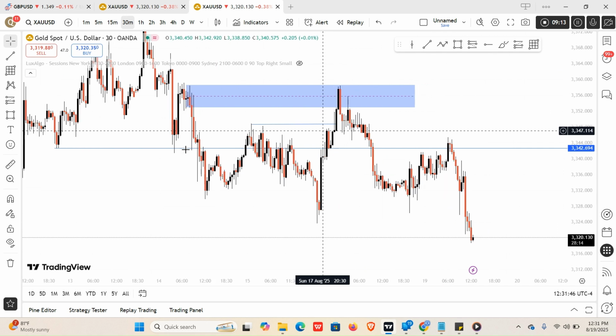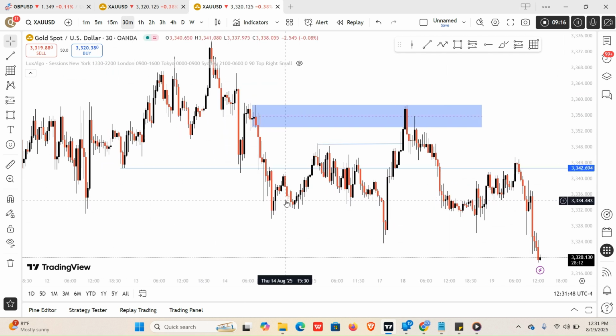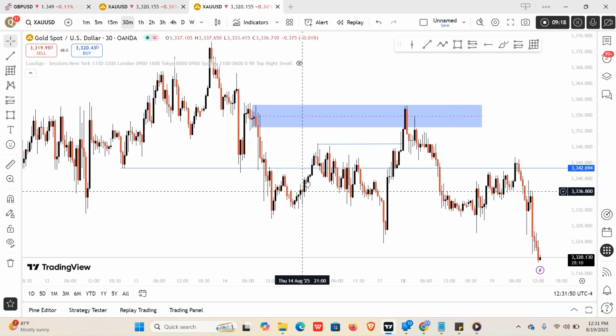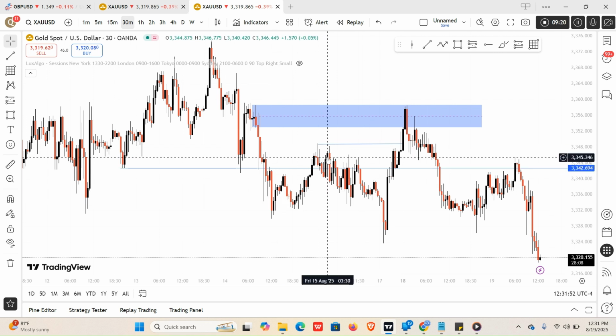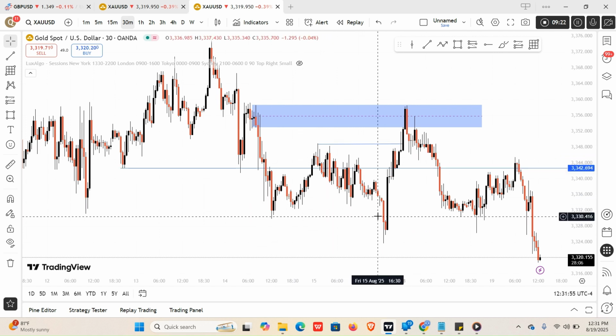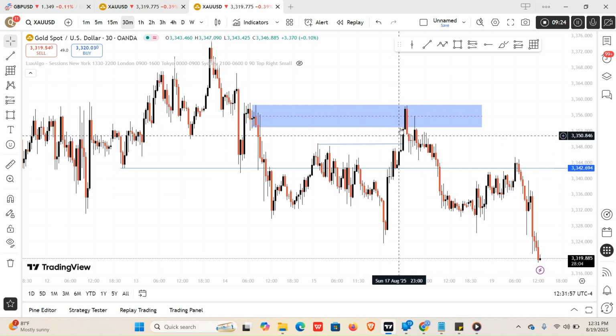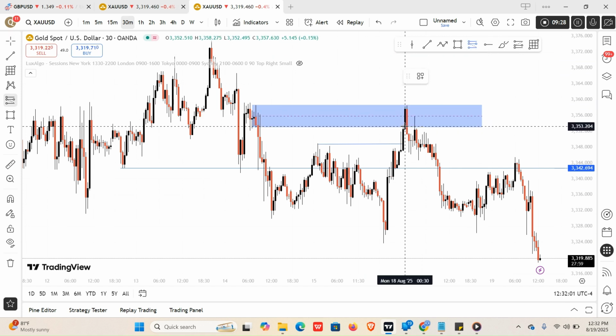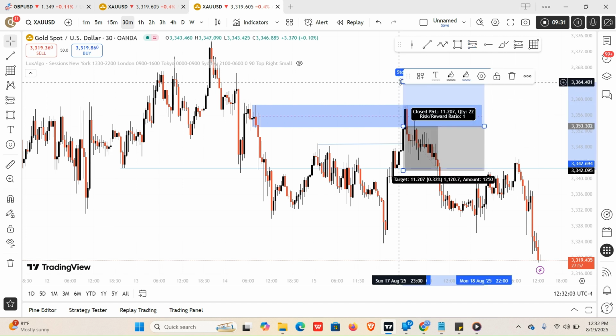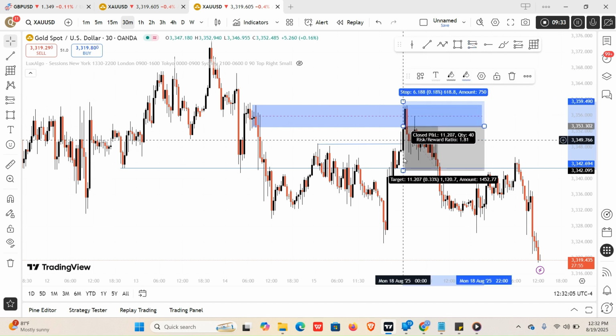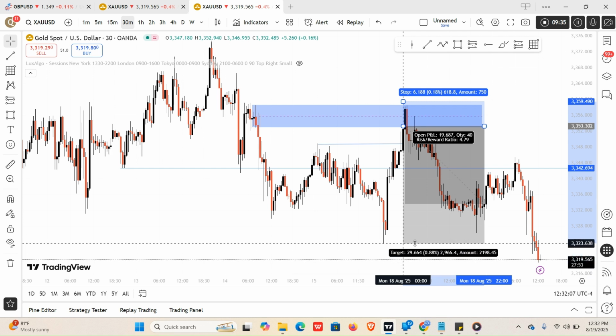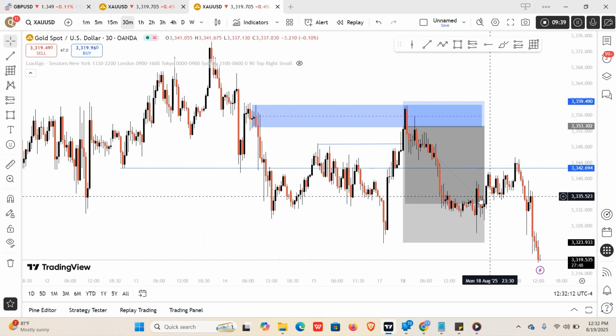So this is a break of structure, inducement again gets taken out, push down further, comes back into our level or our POI and respects it. We take our sell from here and then our TP just at the previous low.